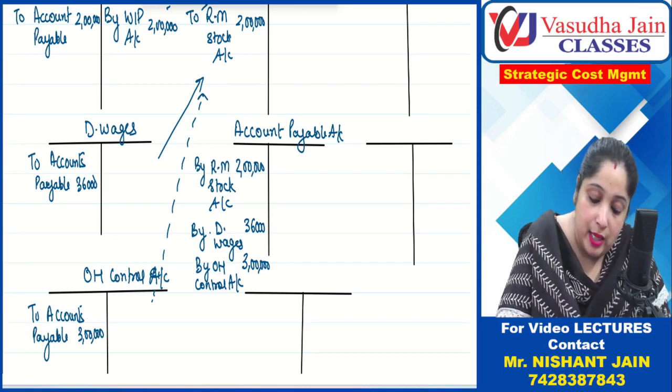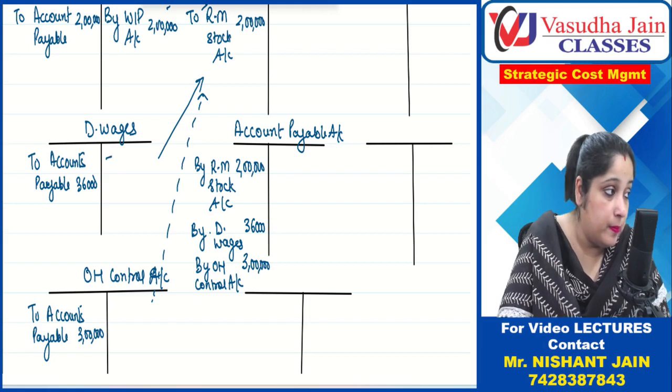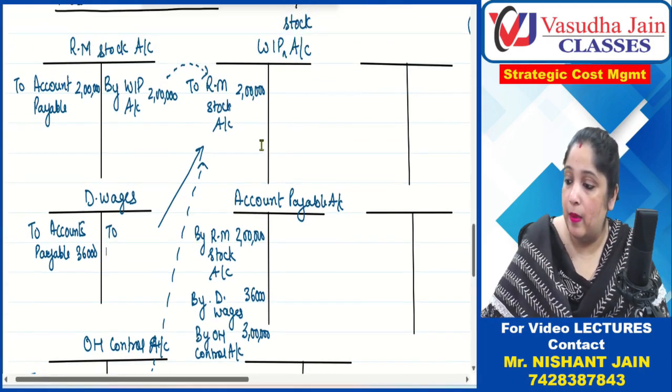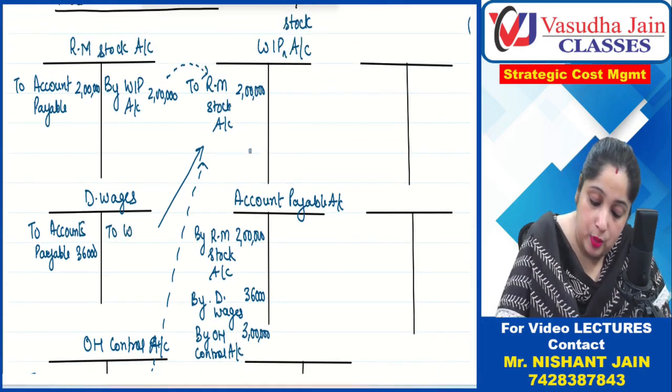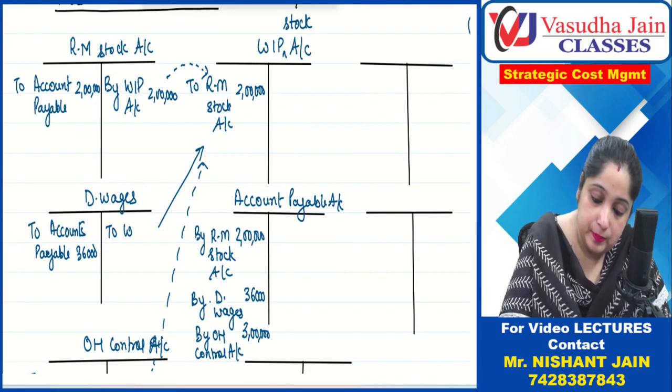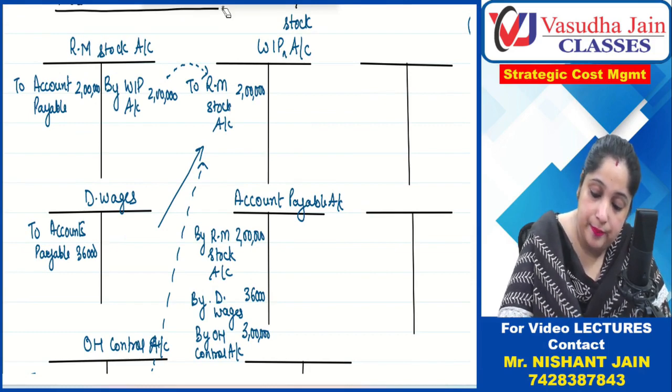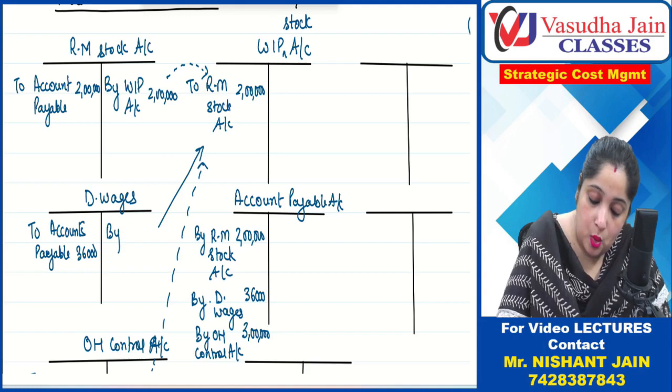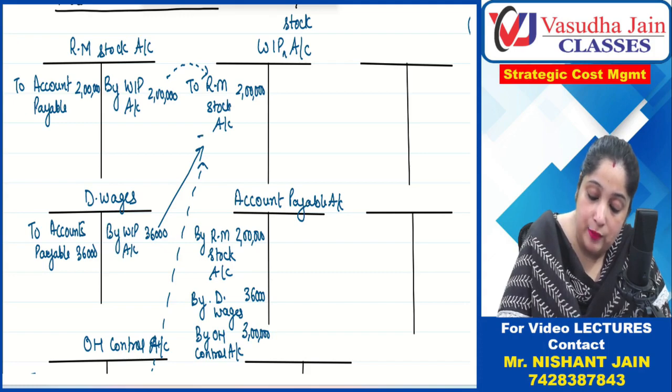So let me transfer here to work in progress, by work in progress account 36,000. So my work in progress account will receive the wages. How much wages are applied? 36,000.